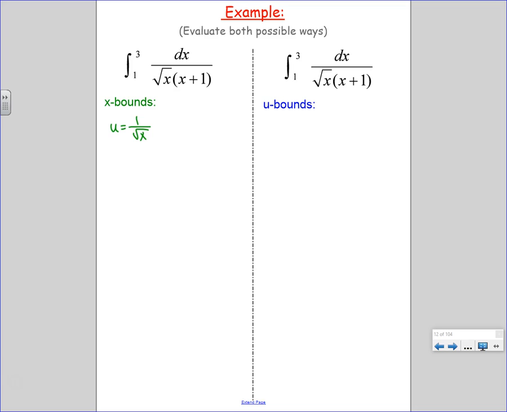We could just do u equals square root of x. Because you don't usually do the 1 over, that's our later step, right? That's x to the 1/2, right? The derivative of x to the 1/2, isn't that 1/2 x to the negative 1/2?